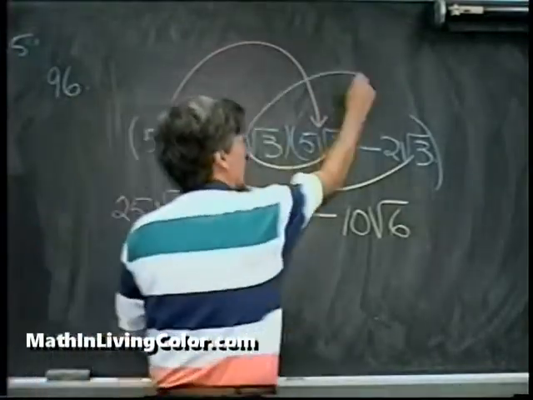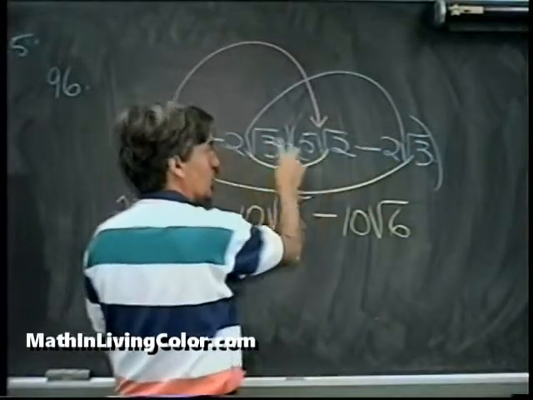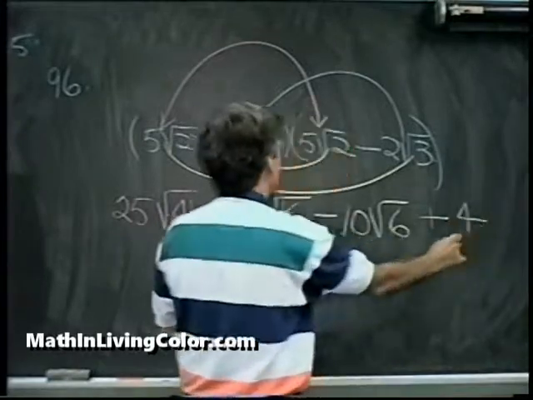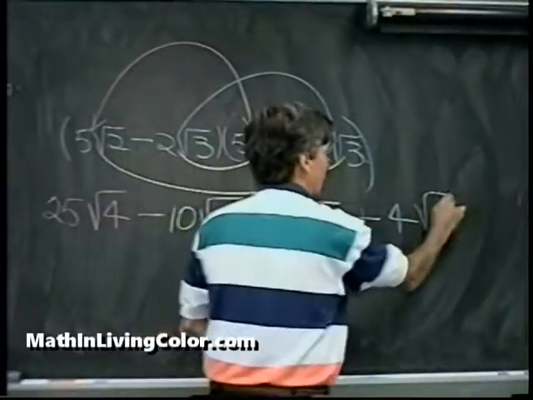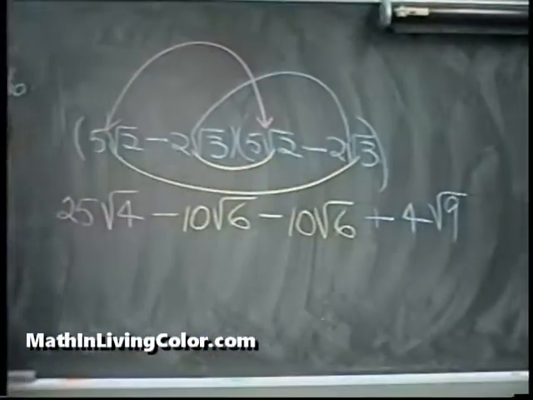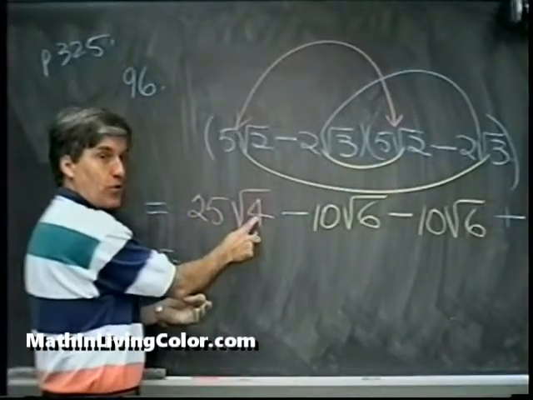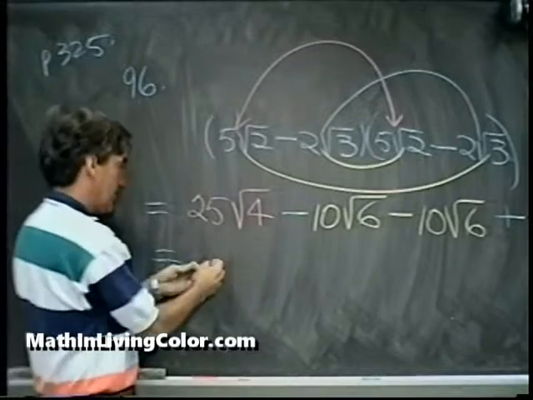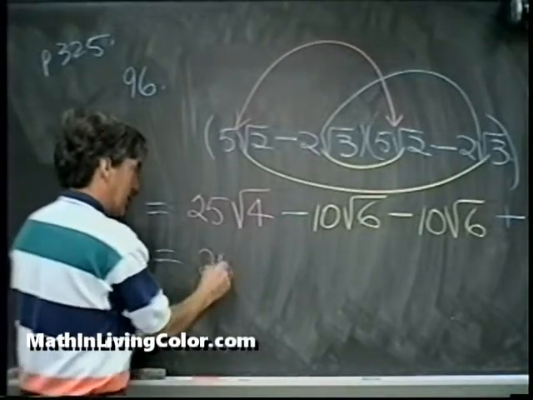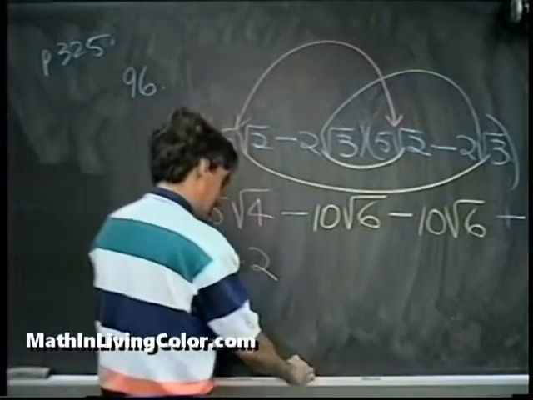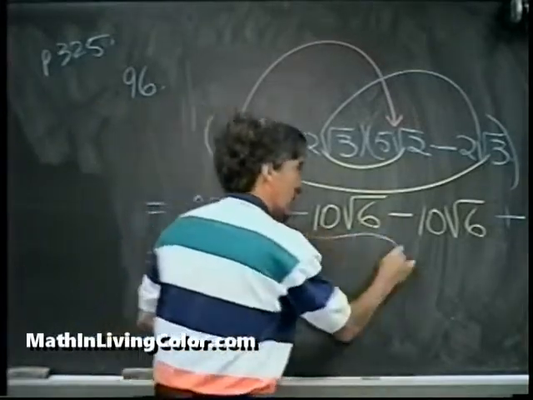And now what's left? Plus. Last times last. A negative 2 times a negative 2 would be plus 4 square root of 9. Okay? 4 square root of 9. Times the square root of 4. 25 times 2. And then what? These two combine together.